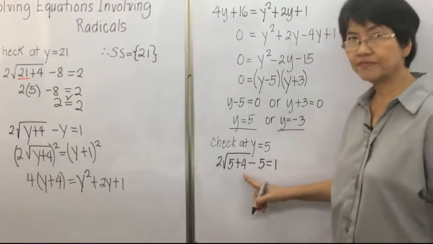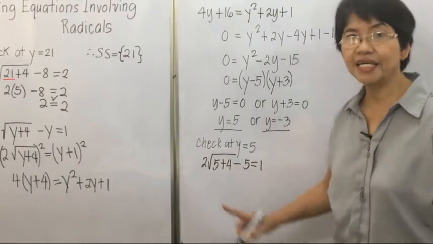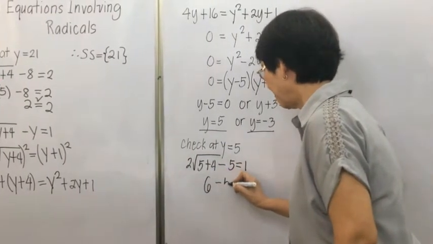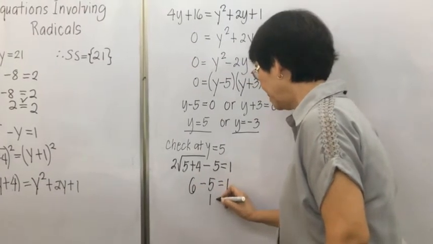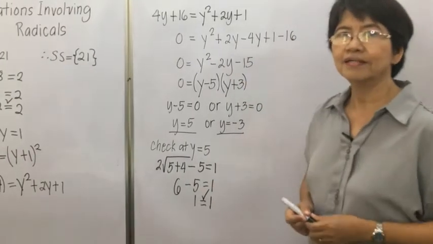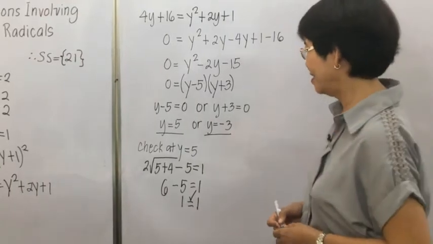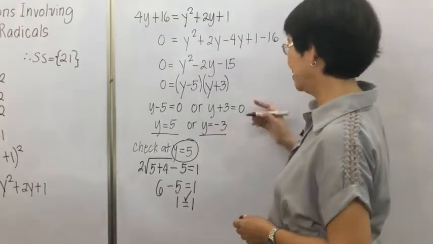So, 5 plus 4 is 9. Square root of 9 is 3. 3 times 2 is 6. 6 minus 5 equals 1. So, 1 equals 1. So, the value 5 satisfies the equation. And therefore, we will accept this value.